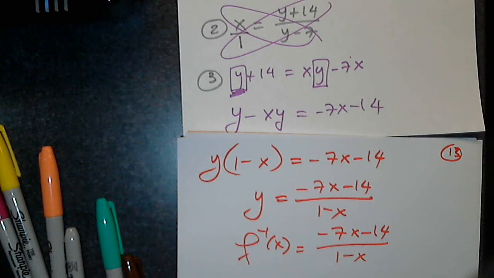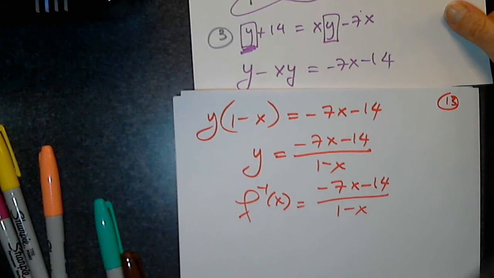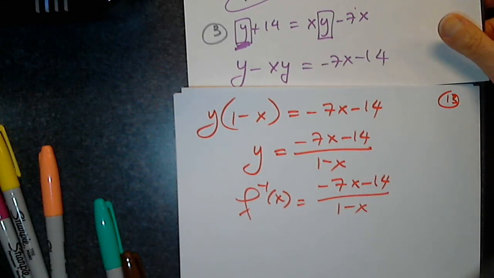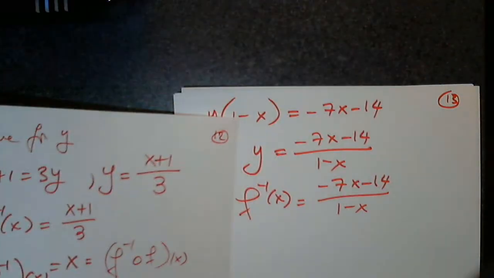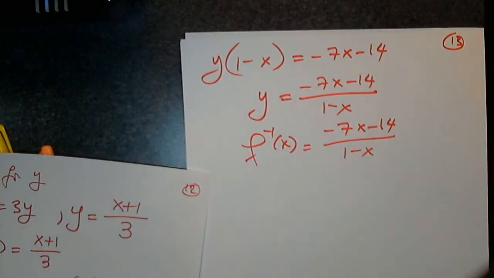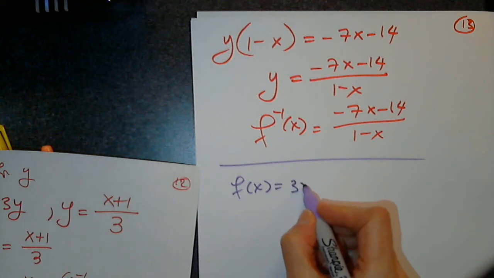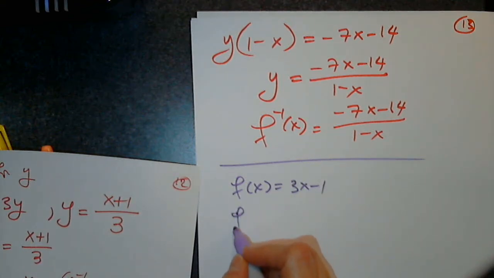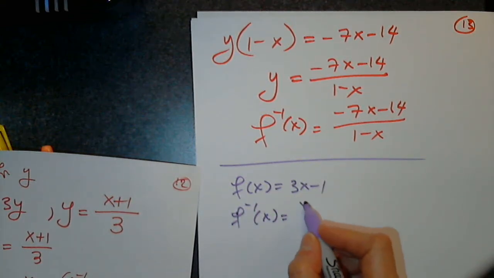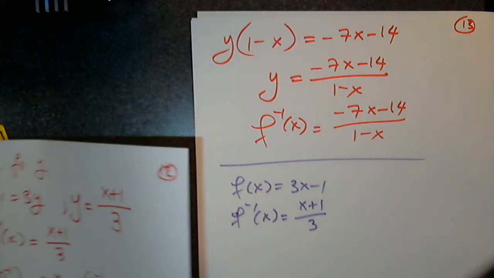I have 2 more minutes that I would like to use to come back to the previous example. And where is my previous example? Here it is. We had in the previous example f of x equals 3x minus 1, and we determined f inverse as being x plus 1 over 3.